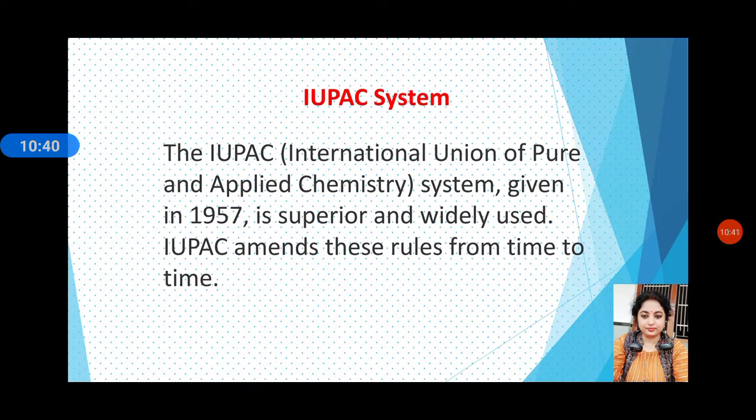Number 4, the system can be applied to functional organic compounds. Number 5, this is a simple, systematic, and scientific method for nomenclature of organic compounds. There are some basic rules of nomenclature. Just listen.